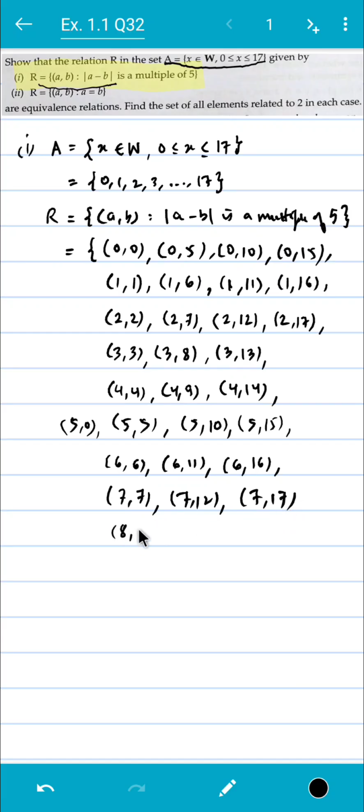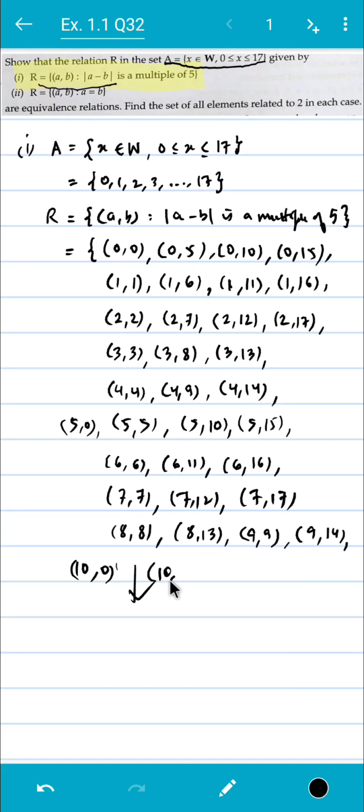Then 8: (8, 8), (8, 13), then (8, 18), not there. Then 9: (9, 9), (9, 14). Then 10: see, it goes on everywhere. (10, 0), then (10, 5), (10, 10), and (10, 15).